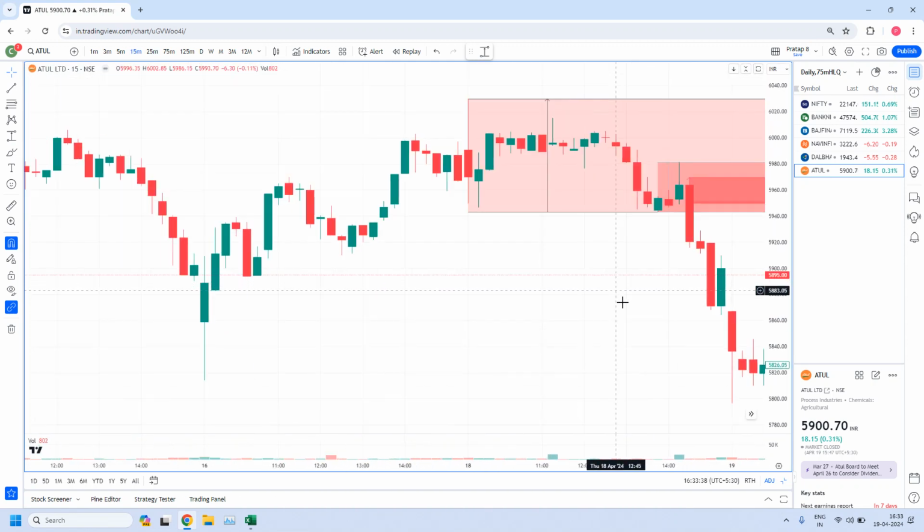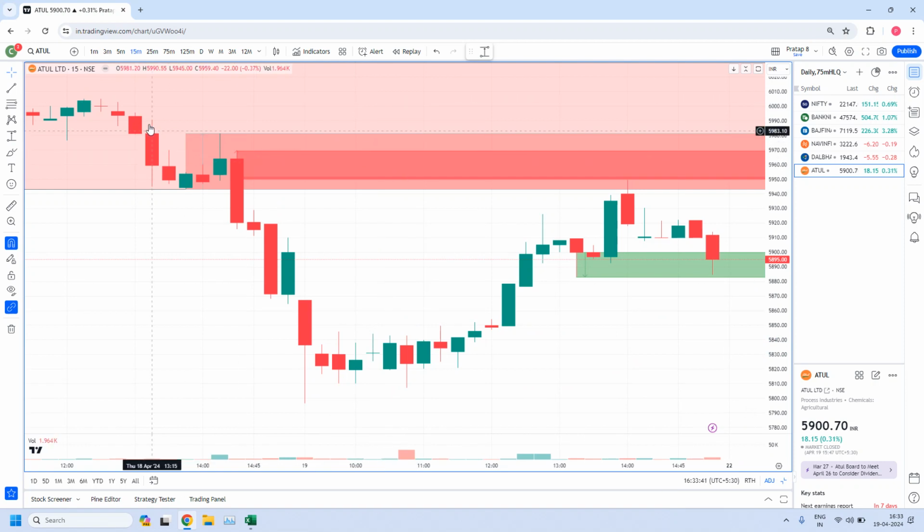In the 15 minutes time frame, we identified we have a drop candle, we have 1, 2, 3, 4 base candles, and again a drop candle. That means a drop base drop. This is the 15 minute zone. Inside this 15 minute zone, we should identify a 5 minute zone.